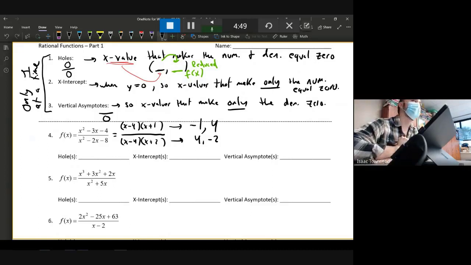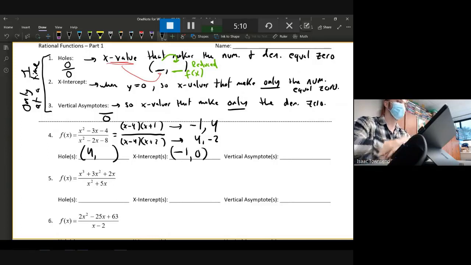And now we just need to think about this stuff. If there's any numbers that make both the numerator and denominator 0, that will be the x value of the hole. We'll come back and do the y value later. If there's any number that makes just the numerator 0, that would be an x-intercept.